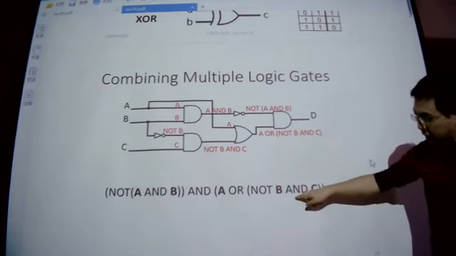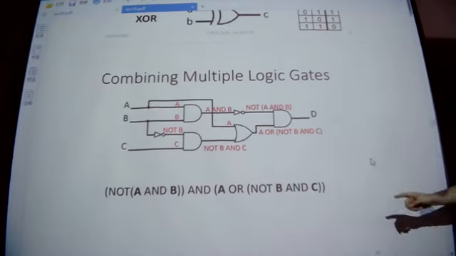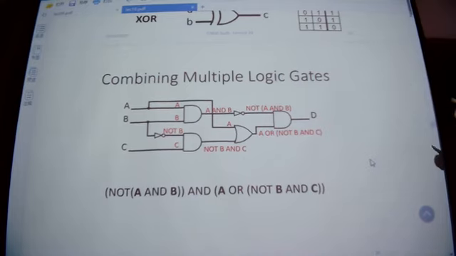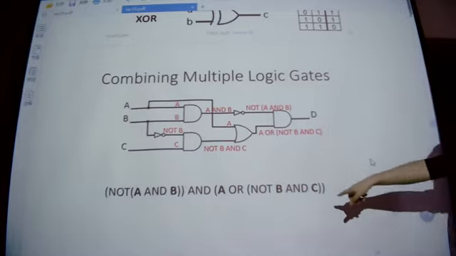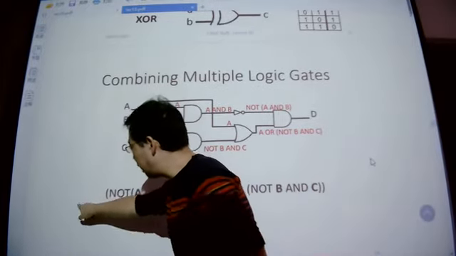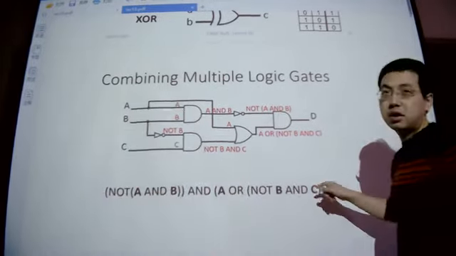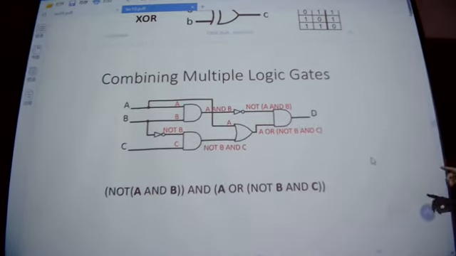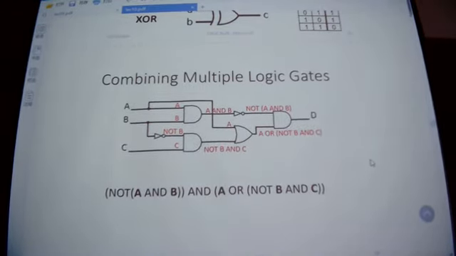So in this equation, you can find A, B, C. You can represent D as equal to this formula.